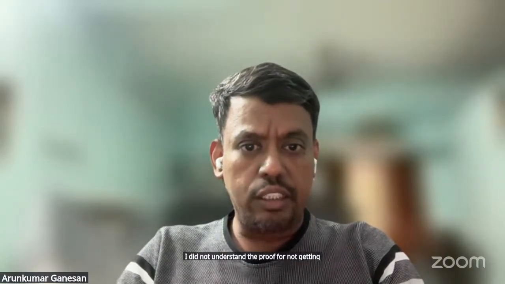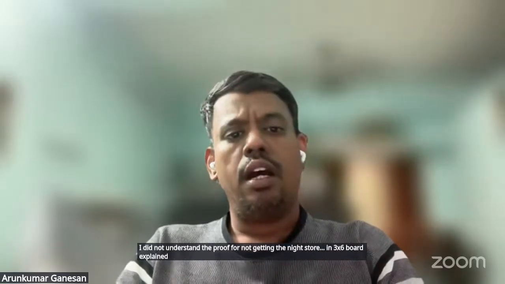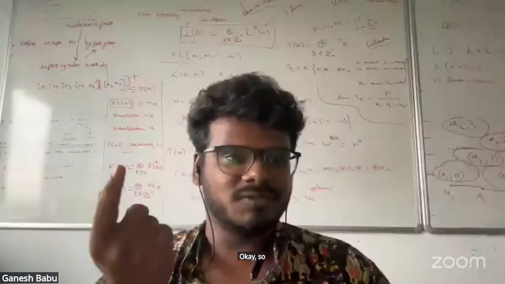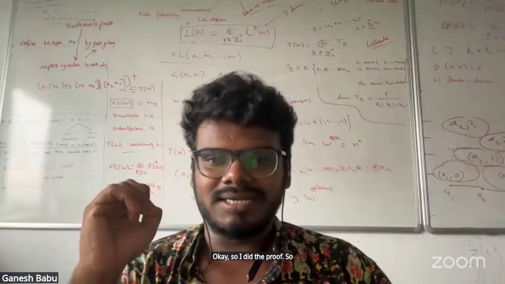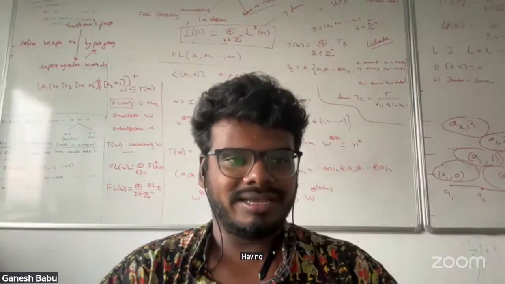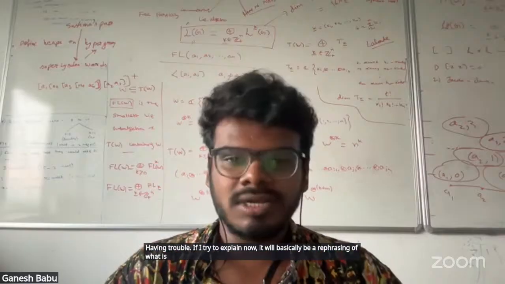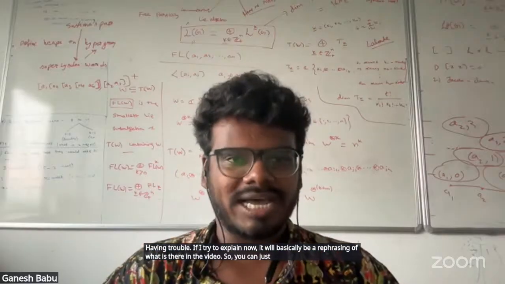I did not understand the proof for not getting the knight's tour on a 3x6 board explained in the video. Okay, so I did the proof. Unless I know exactly where you are having trouble, if I try to explain now, it will basically be a rephrasing of what is there in the video. So you can just mail me. I think you have my email.